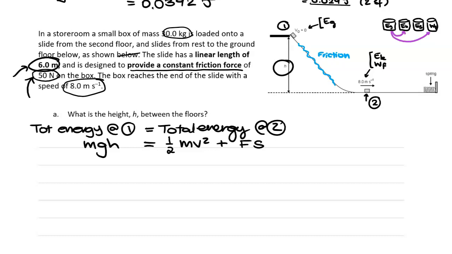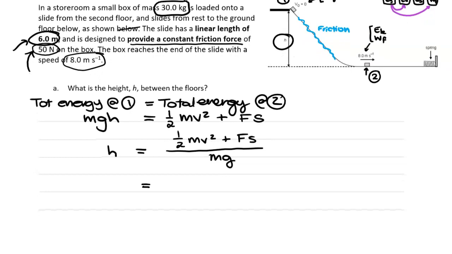We can't cancel off m, which is annoying, but it's okay, we were given m before. There's a few ways you could go about this. You could substitute in all your values, or you could write h and then divide everything on that other side, so half mv squared plus Fs divided by this m and g that we had over here, just to get h by itself. So let's substitute. Mass was 30.